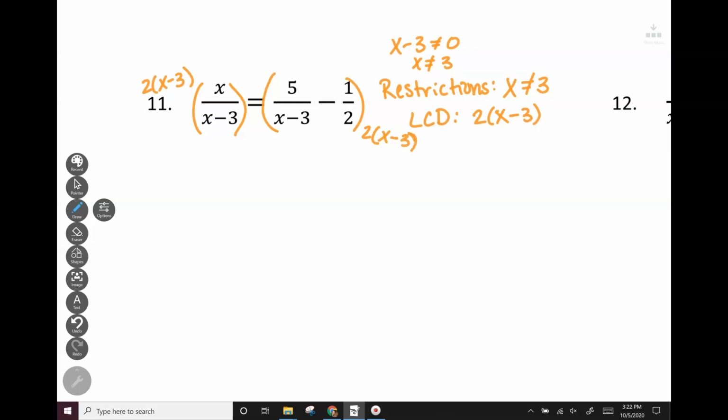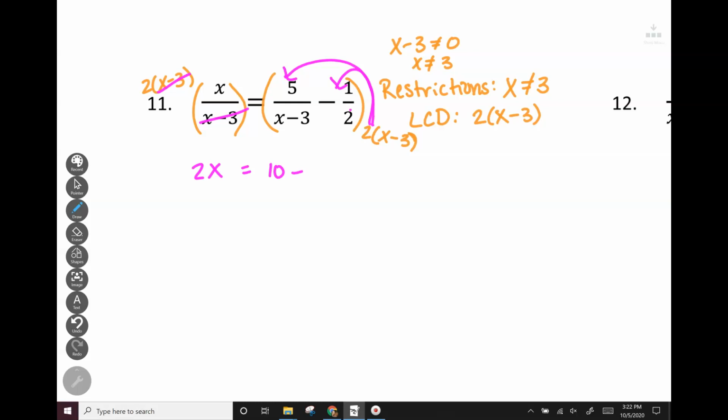Okay, so on the left-hand side, notice that x minus 3's are going to cancel, and I'm going to be left with 2x. On the right-hand side, distributing this to both, my x minus 3's are going to cancel on the first one. x minus 3 divided by x minus 3, but I'm going to have a 5 times 2, so that's 10.